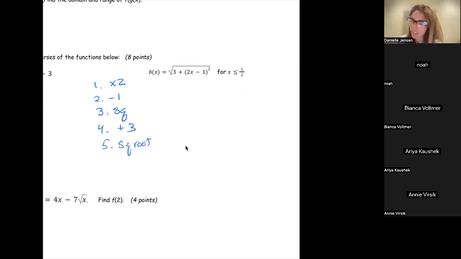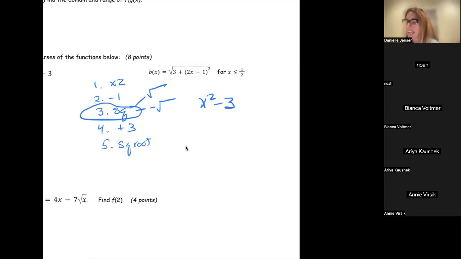Yeah. Okay, so to undo this, the opposite of square root is squaring, then subtracting 3. This is the one you always have to pay attention to, because the opposite of squaring could be the positive square root or the negative.